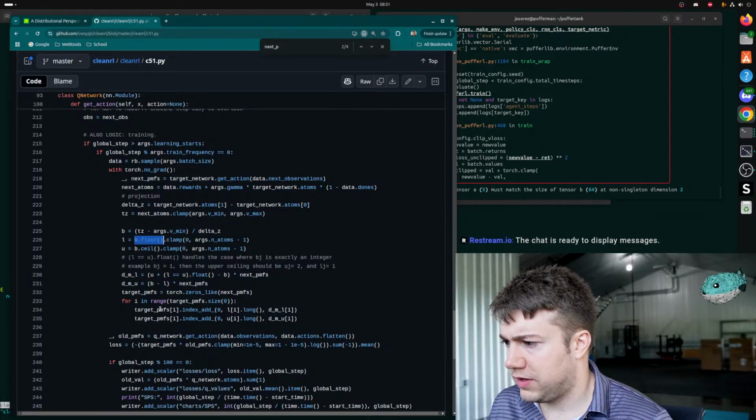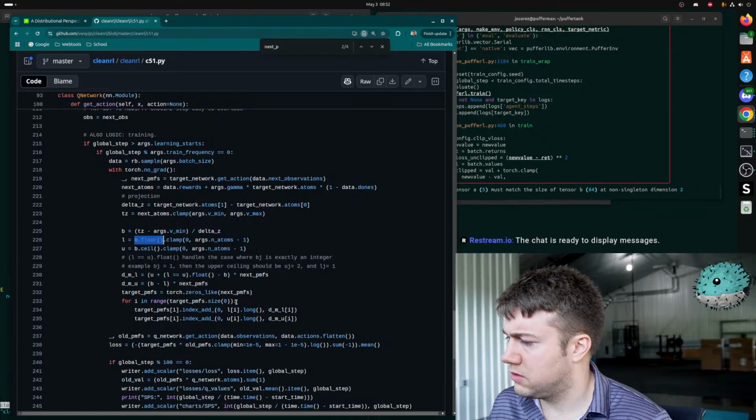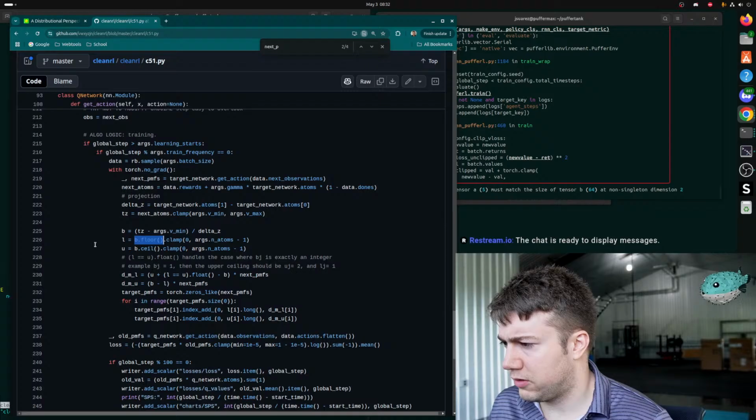Ah, wait, is this too hot? L of I dot long. Okay, I don't understand this transform here.